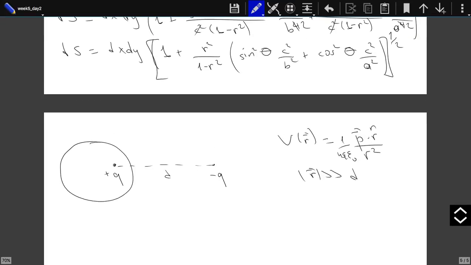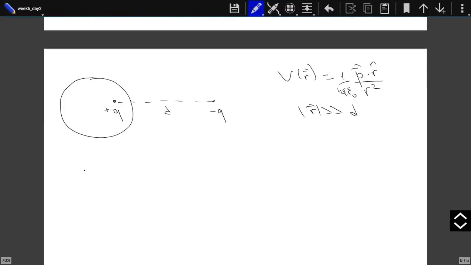So we want to know the potential even between these 2 charges in this region where this is not satisfied. Since this is not satisfied, you cannot use this one. This superposition of the potentials didn't work.